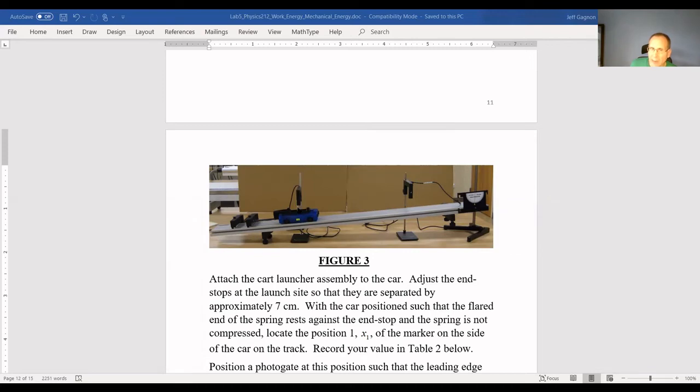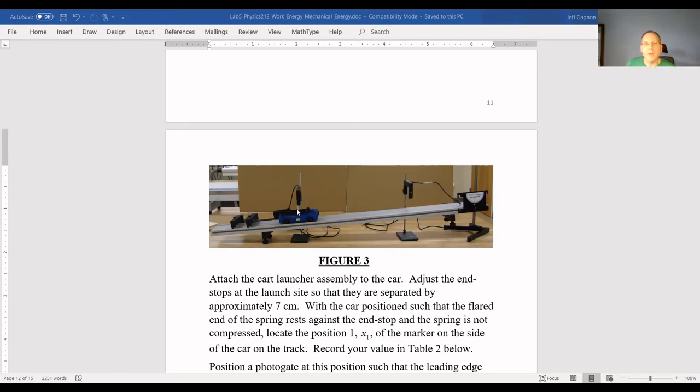So the diameter of the flag divided by the time it takes to pass through is going to be my initial velocity, the initial launch velocity of the car. Then it's going to travel up this incline ramp, and at some point, just for an instant, its velocity will be 0. It's going to stop for an instant when it reaches its highest point.